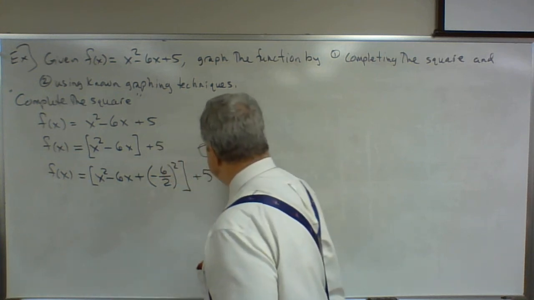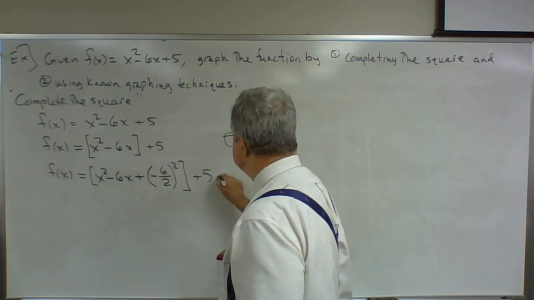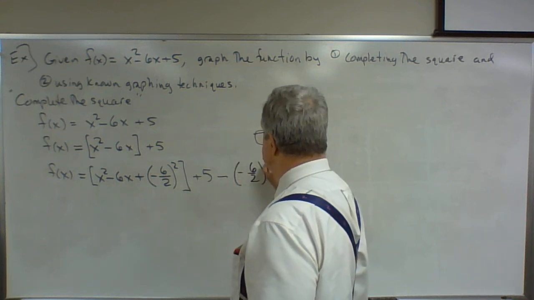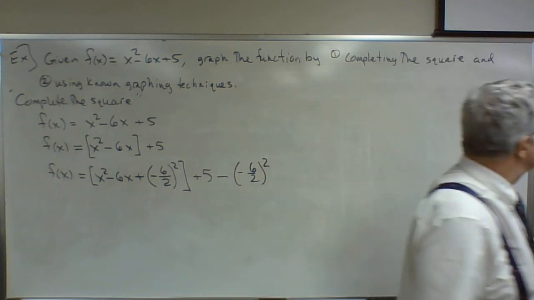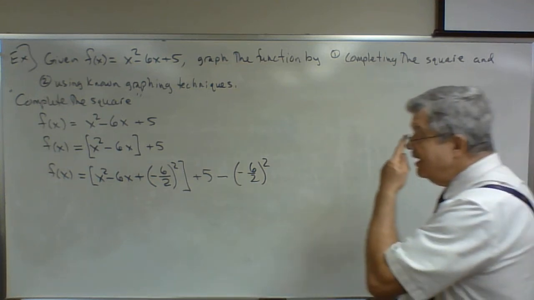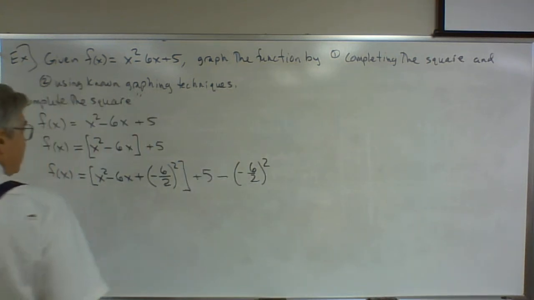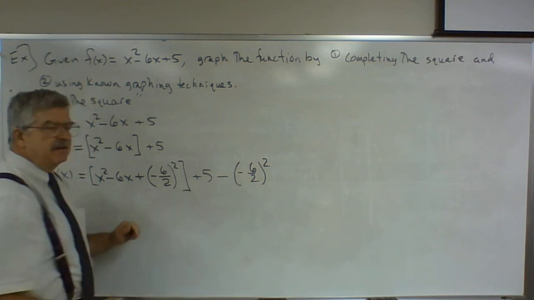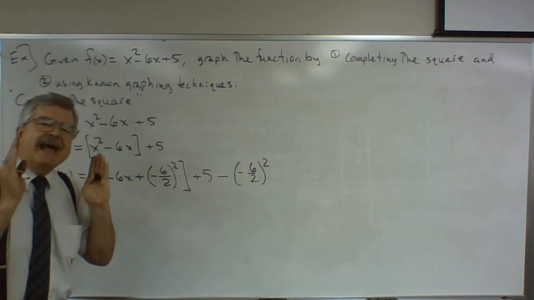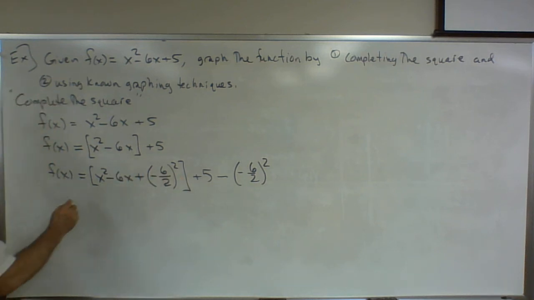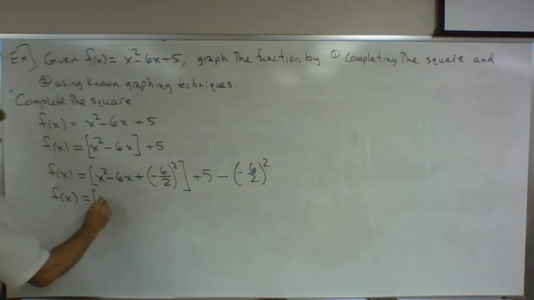So I added this thing, I'm going to subtract it right back. So the net effect is I added this thing, I subtracted this thing. The net effect is that I've added 0 to the right side. So I'm good. Now I'm going to simplify a little bit.